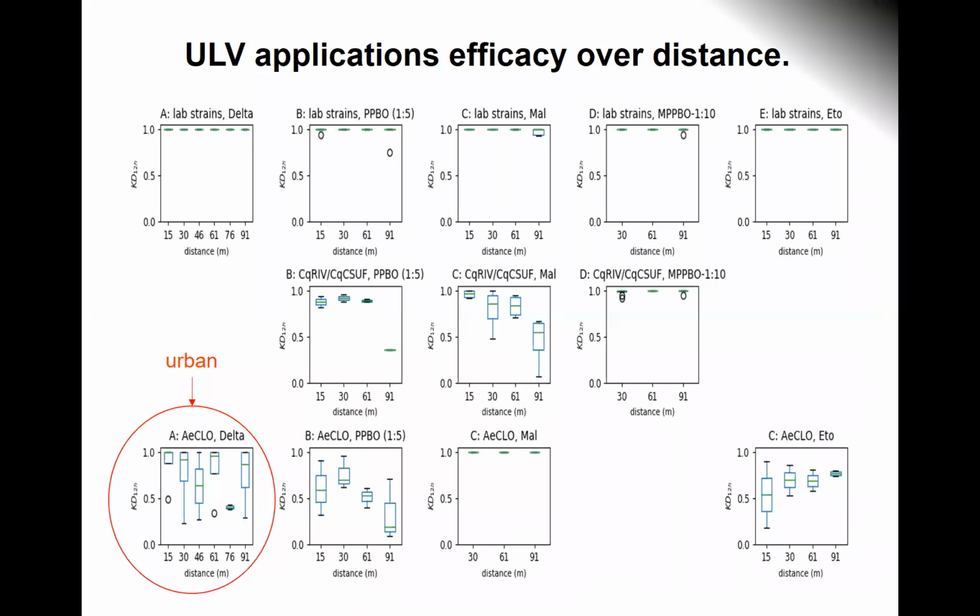So in some instances, distance really doesn't seem to affect death with susceptible strains, but it does start having an effect on the wild populations. And that's because there is resistance. And so this is probably going to be a dose-dependent factor. The further away it is from the source, the less chemical there's going to be.